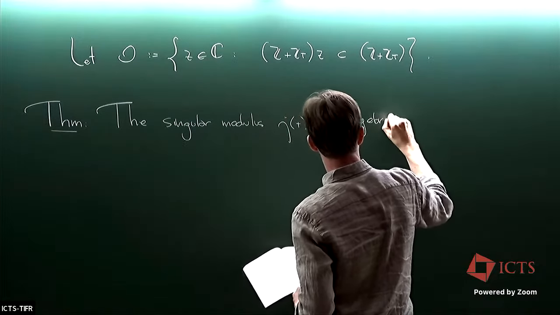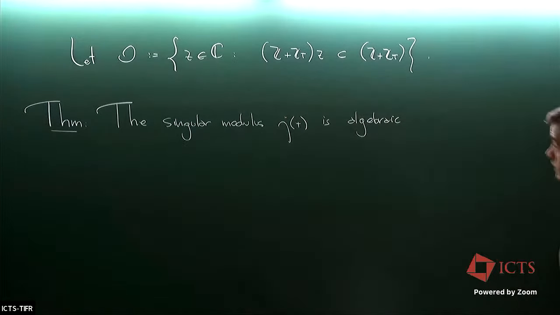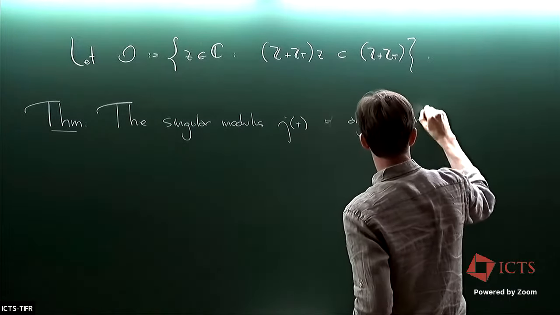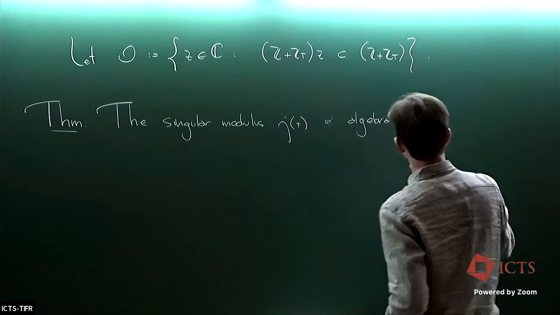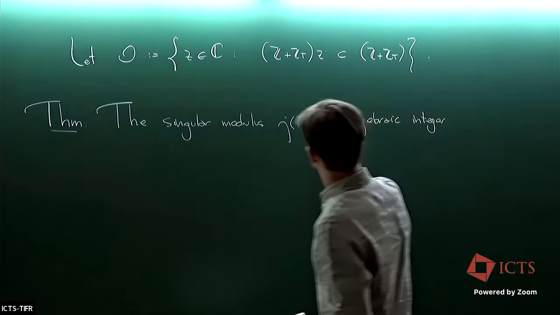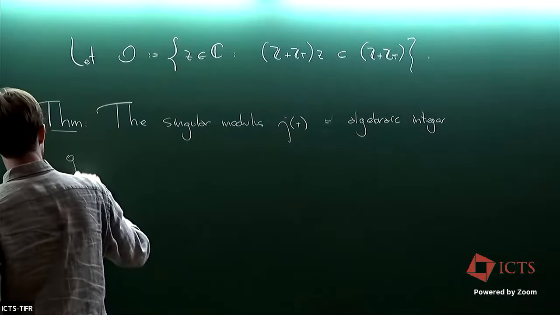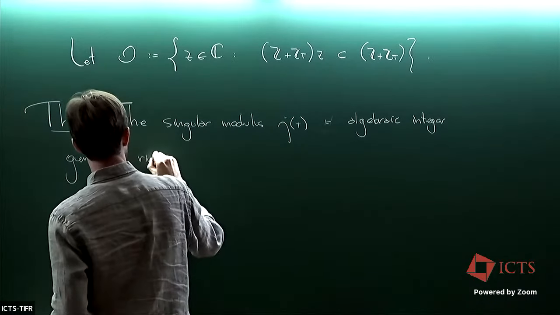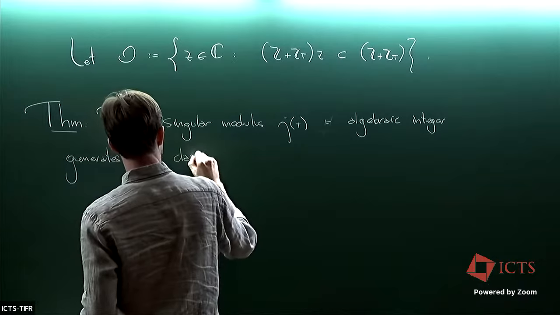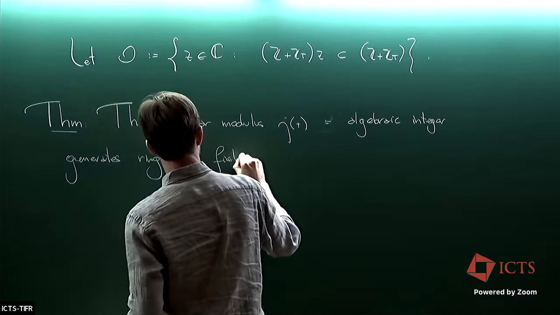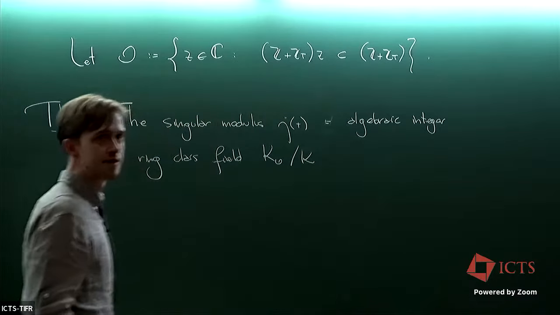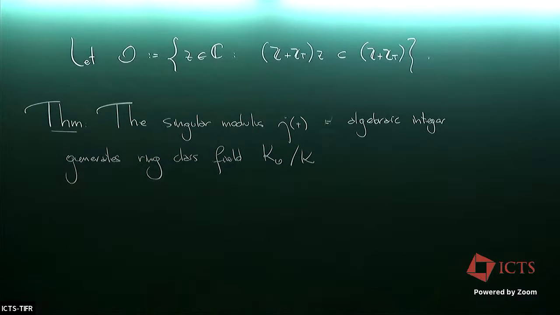And not just that, it's an algebraic integer. Already quite striking. And it generates the ring class field K_O over K. So this means if you join this value to K, you actually generate the ring class field.